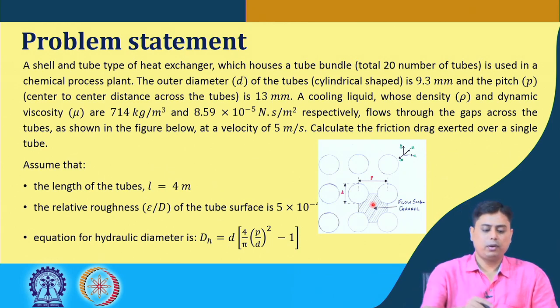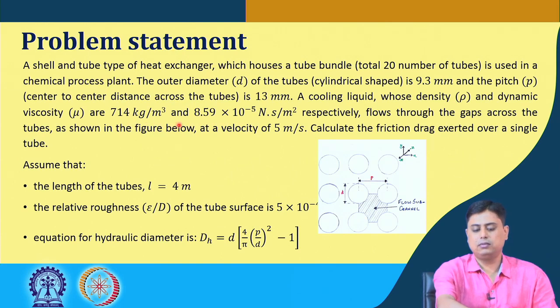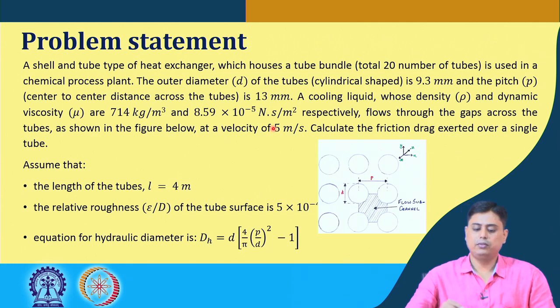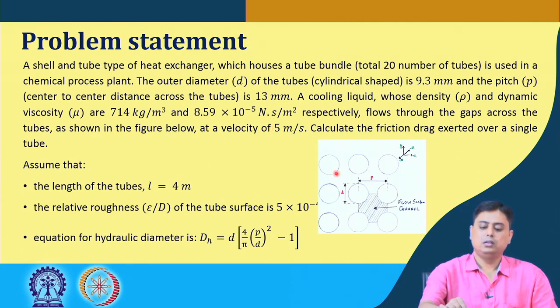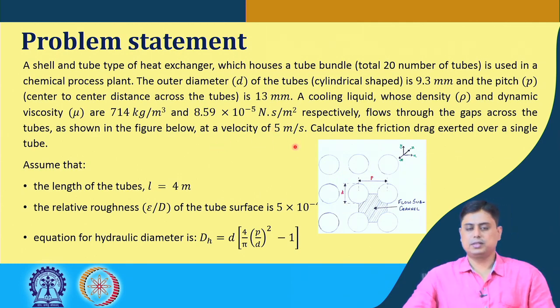Here the properties are given: the density of the coolant liquid, which is not water, and the viscosity. It flows through the gaps with a velocity of 5 meters per second. So, what is the drag on this one?